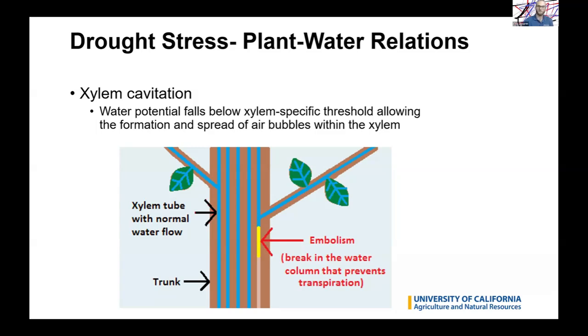As the tree gets more and more of these embolisms throughout the xylem, eventually there's no more water going to the canopy of the tree and the tree dies as a result. So it's not just the lack of water itself, but there's actually this embolism, all this air that ultimately chokes the tree to death from lack of water.